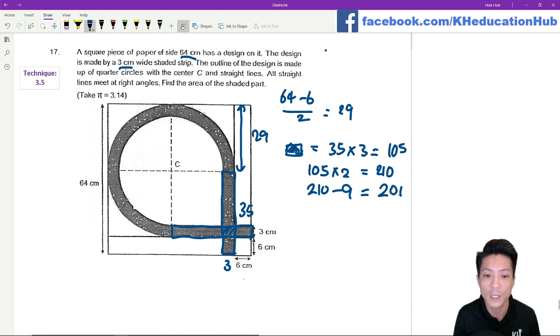Okay, 201 cm square. This is basically the blue color portion over here. Next, I need to find the area of the curved part here.